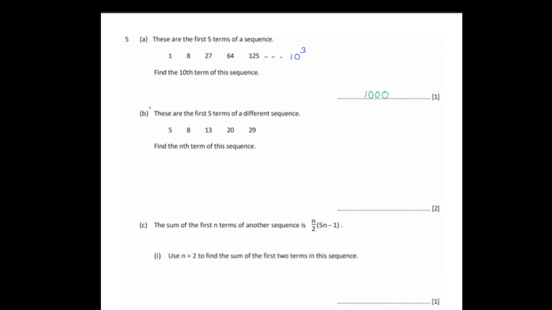Question A is done. B. These are the first 5 terms of a different sequence: 5, 8, 13, 20, 29. Now as you see this sequence, you are not finding any regular pattern. So we need to find the nth term of this sequence, that is the question. So find out what kind of sequence this is.